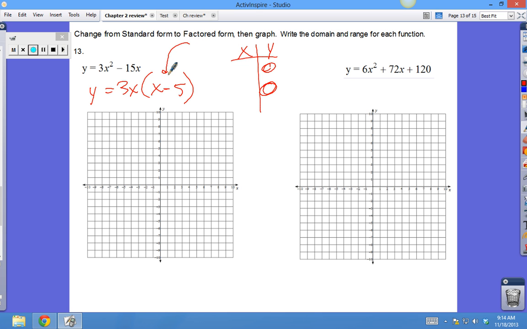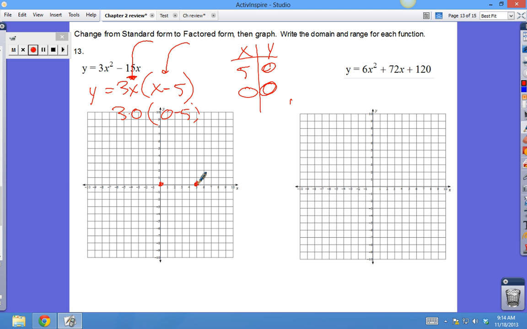I can plug in a 5, and that's going to give me a 0. But what can I plug in right here that's going to give me a 0? 0, because 3 times 0 is going to be a 0, and 0 minus 5 is a negative 5. So those are my two roots. When I graph them, 0, 0 and 5, 0.